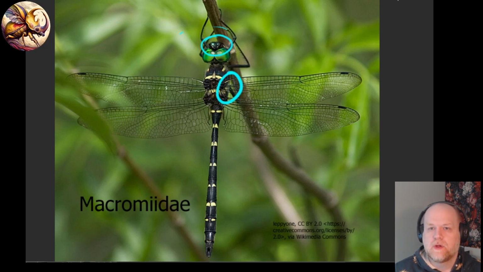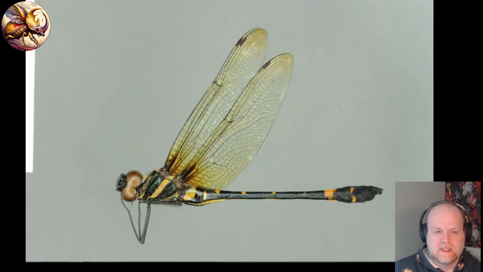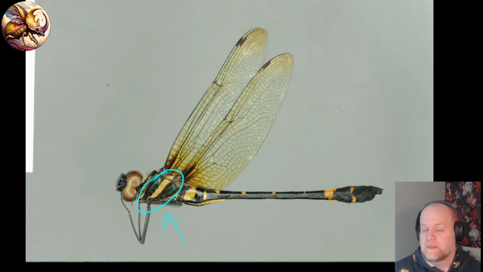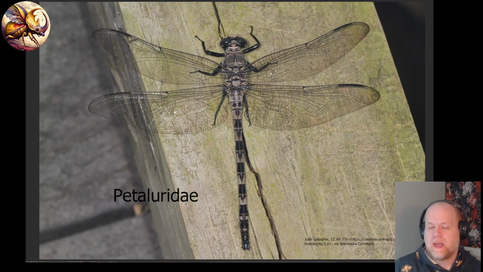But if we look at another Macromia, you can see this very distinctive stripe on the side of the thorax, and that is present in all of the macromiids. So if you find something that looks like a corduliid and has these very obvious stripes, maybe you have a macromiid.